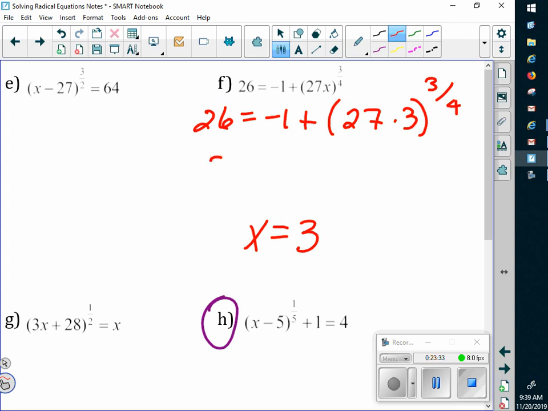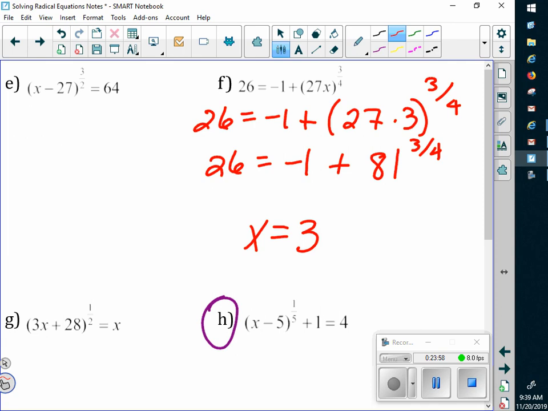So we've got 26 equals -1 plus 81 to the 3/4. That's a question. I want to address that. I'm glad you mentioned it. What do we do first? Do we do -1 plus 81? Or do we do 81 to the 3/4? Exponents come first. Good. Exponents come before addition. All right. 81 to the 3/4.